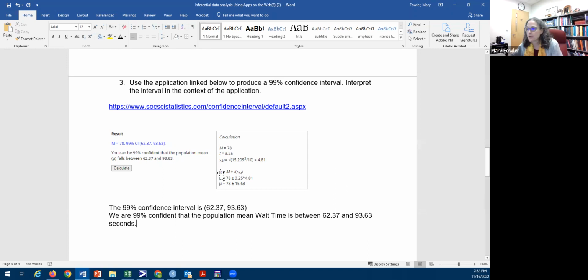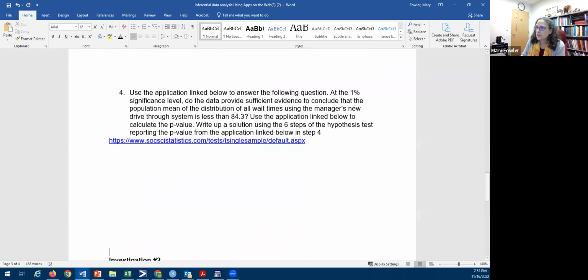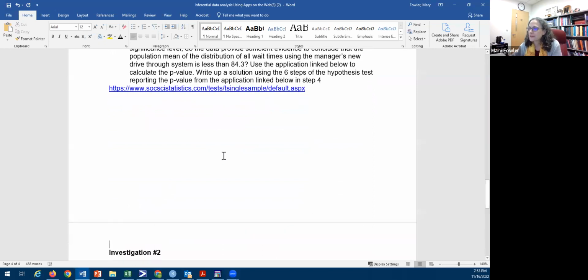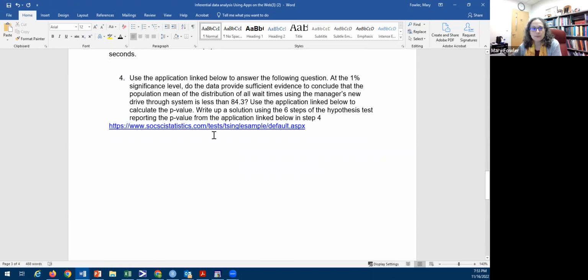Let's look at problem 4. Problem 4 says, use the application linked below to answer the question. At the 1% significance level, do the data provide sufficient evidence to conclude that the mean population time of the distribution of all wait times using the manager's new drive-through system is less than 84.3?